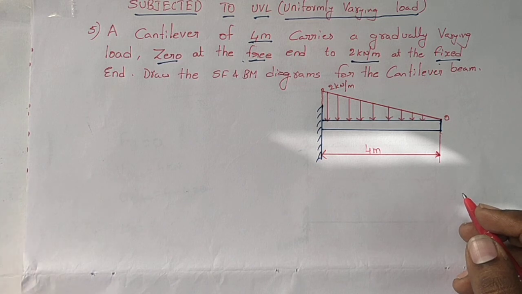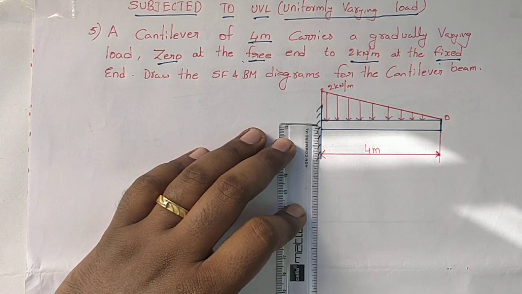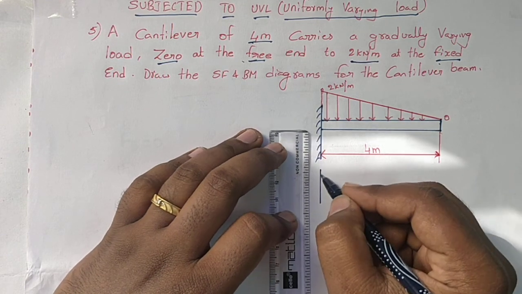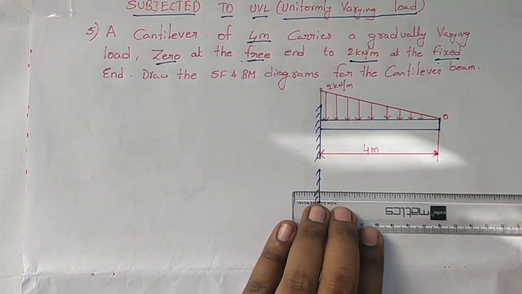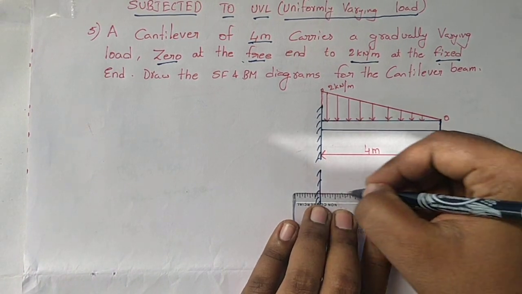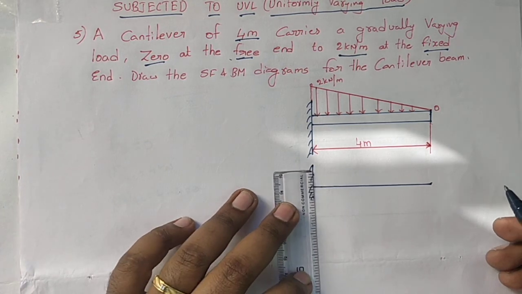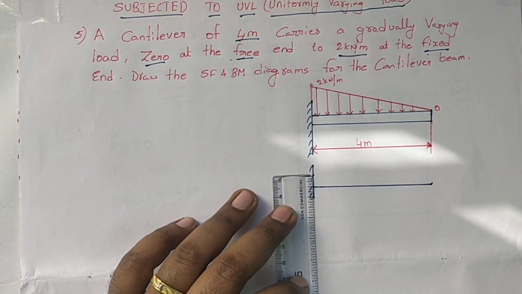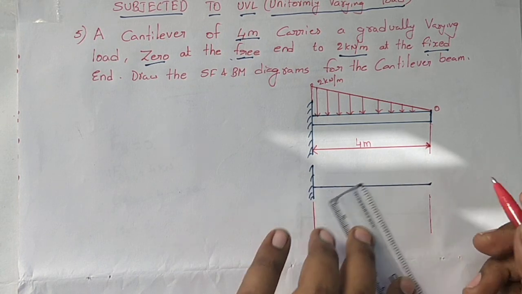Now I am going to convert this UVL into a point load. It is very easy. This is the beam, and the total length of the beam is 4 meters.